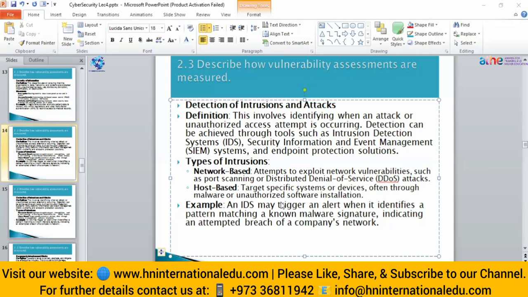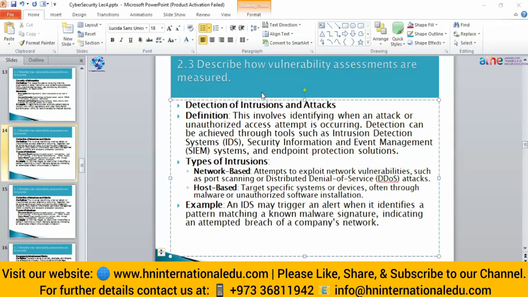So through the network, they can do DOS attacks, and through host-based systems, they try to install unauthorized software. For example, an IDS may trigger an alert when it identifies a pattern matching known malware, if there is a signature, or if someone is trying to breach the company's network. So IDS is a tool that can do that.